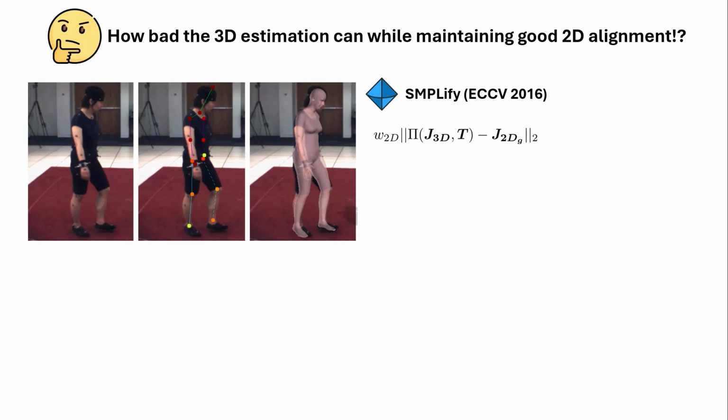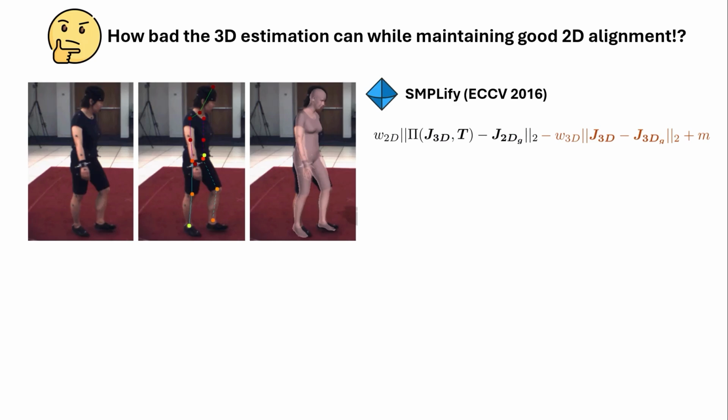But here they want to see how bad the model can be in 3D while having a kind of perfect 2D alignment. So they added one term to the loss function that you can see here: they look at the 3D joints extracted from the mesh and take the difference between that and the actual 3D joints, because remember, on the Bedlam dataset I also have the 3D joints, the perfect ones, and I try to maximize it, or minimize the negative one.